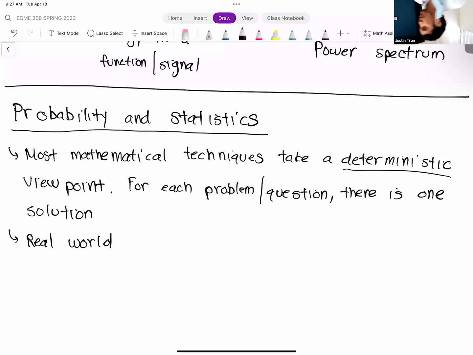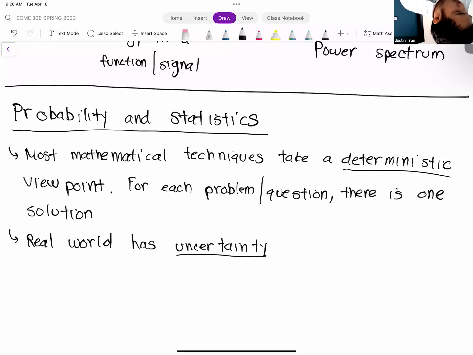Something that happens in the real world that we often don't account for in our mathematical calculations is the idea of uncertainty. The idea with uncertainty is that you don't really know the answer to every single problem or question, because there are at least perceived random factors that affect the results.